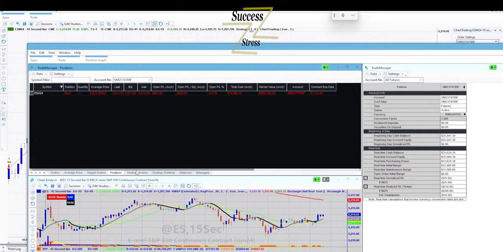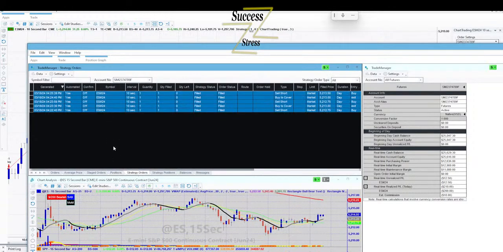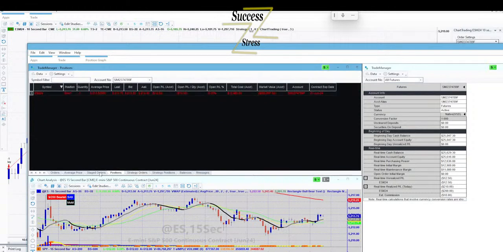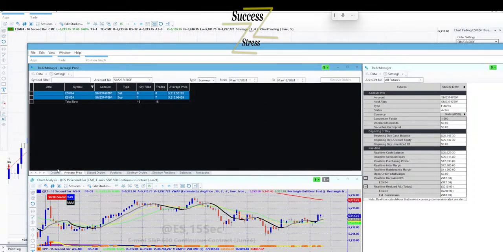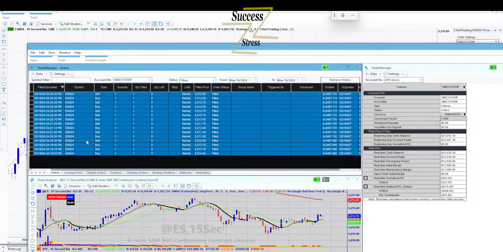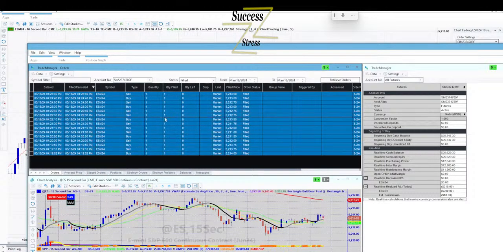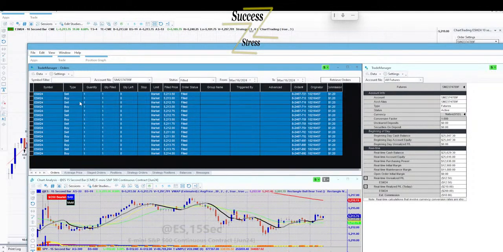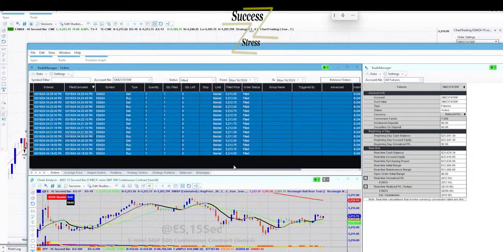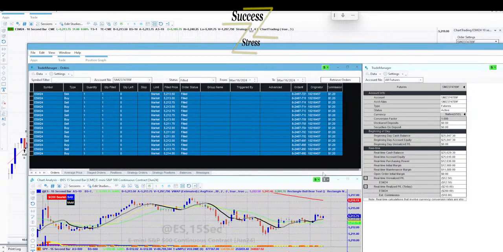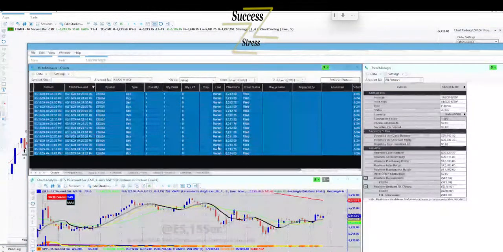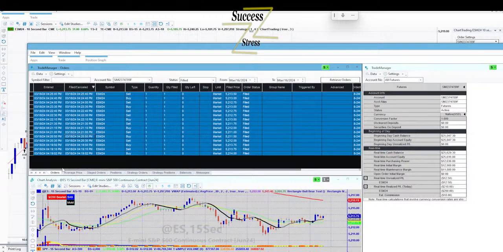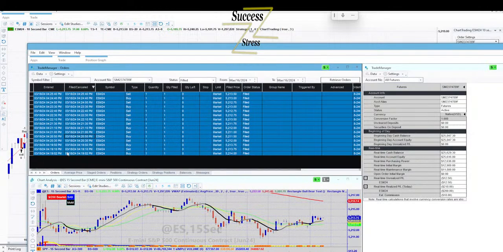Strategy, average price and orders. Yeah, this is all the ones that we were talking about before. I would think that we'd have the buy to covers here, but it just still says buy and sell.